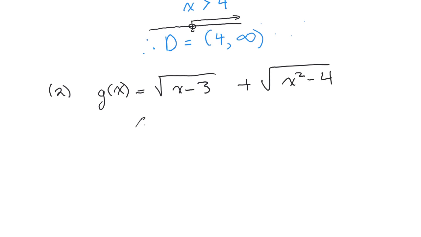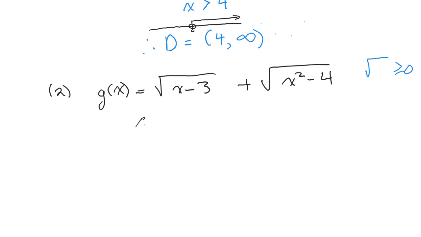For this type of problem, underneath the square root signs, we have to identify the fact that we have stuff that is greater than or equal to 0 underneath the root sign.